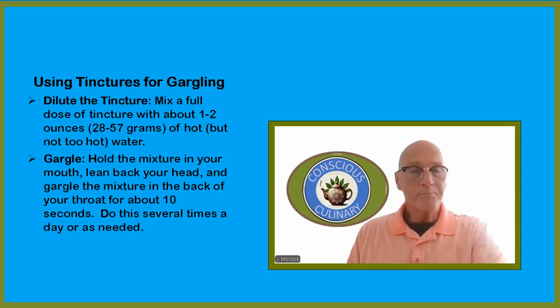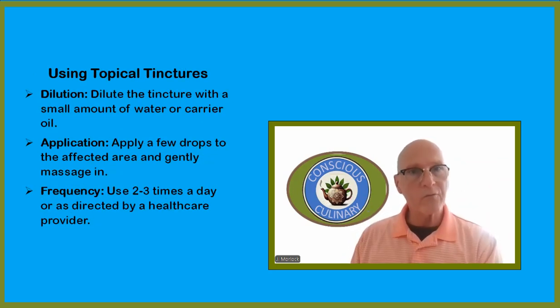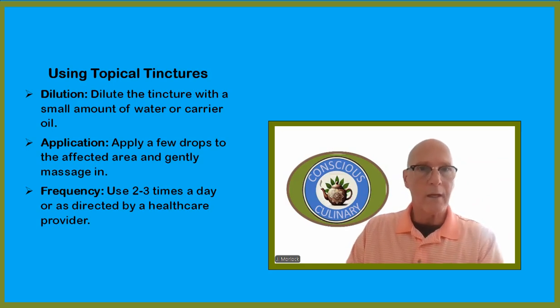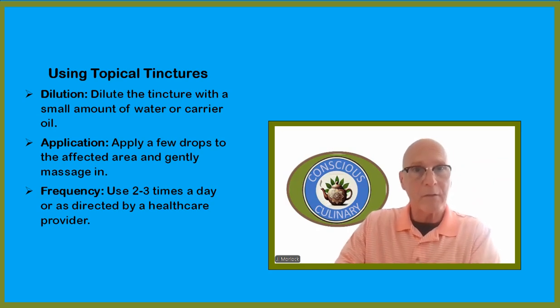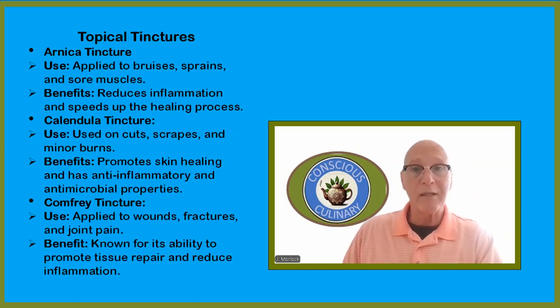So in addition to gargling, there are also topical tinctures. Some of these tinctures that I'm talking about are used if they're put on the skin topically. They should not be ingested because of safety concerns, and they're used externally to treat various skin conditions, relieve pain, promote healing, so should not be ingested, right?